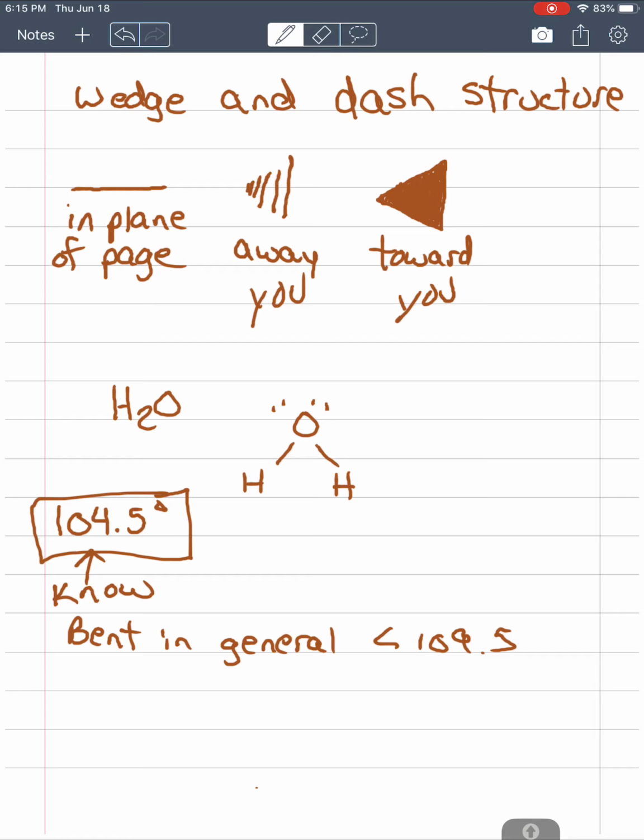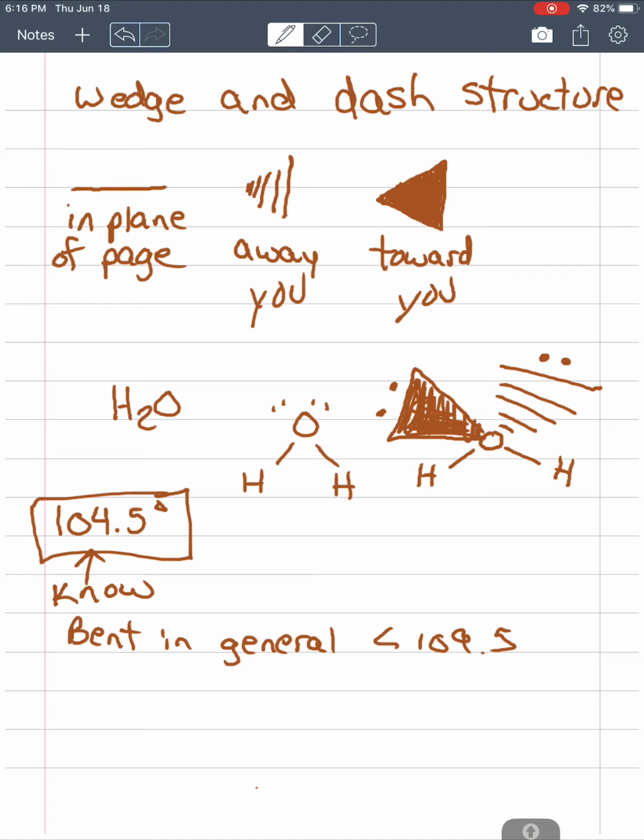All right. So back to what I was talking about with the wedge and dash structure. We would draw it like this. Oxygen, hydrogen in the plane of the paper, hydrogen in the plane of the paper, dash wedge going away from you to a lone pair, wedge coming out toward you with a lone pair.